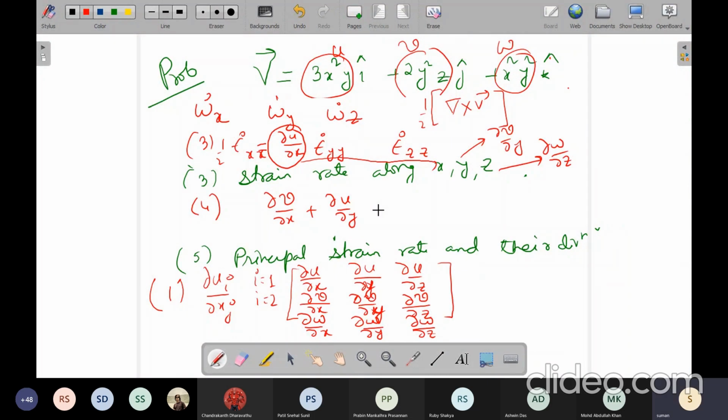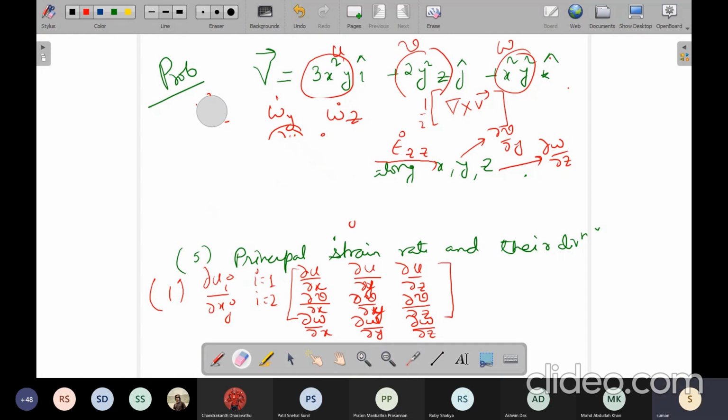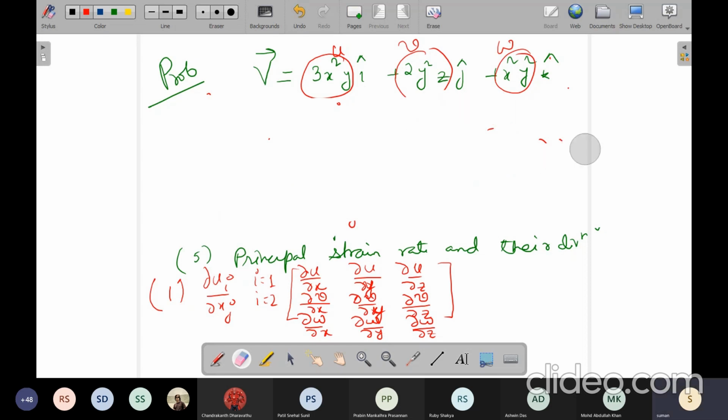So up to question number 4, it is quite a straightforward application of the formula that we have derived for various kinematic components. But question number 5 is something which we may have to dig into more conceptually and then try to get a solution to the problem.